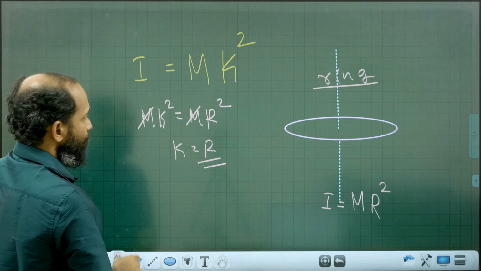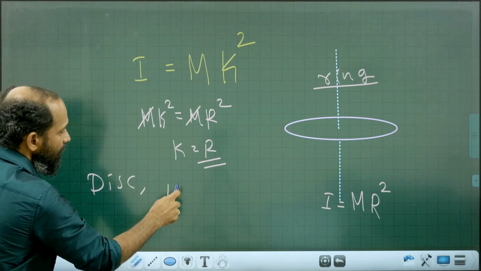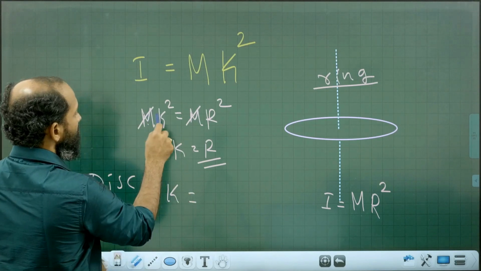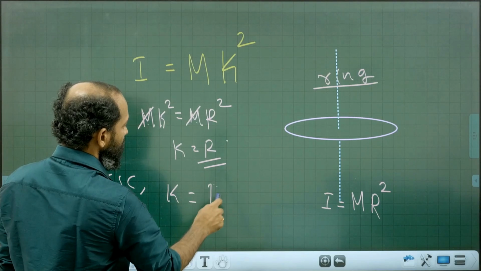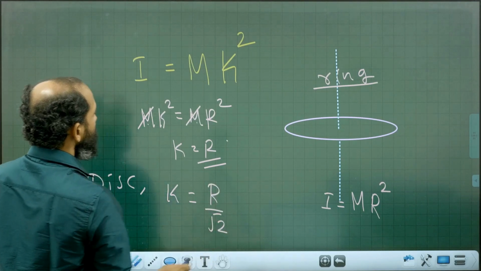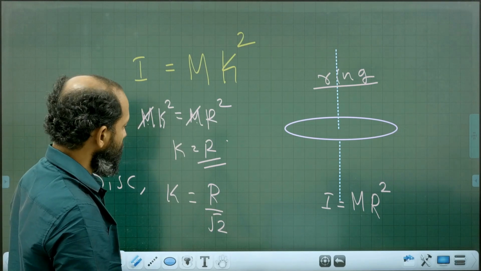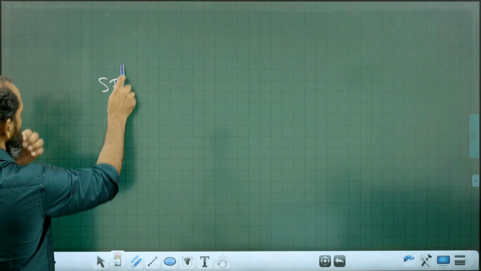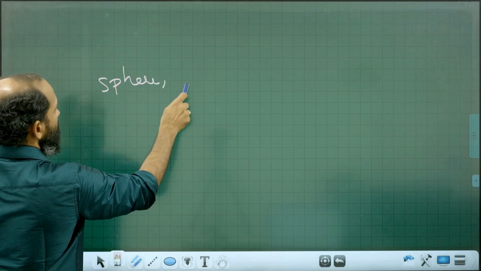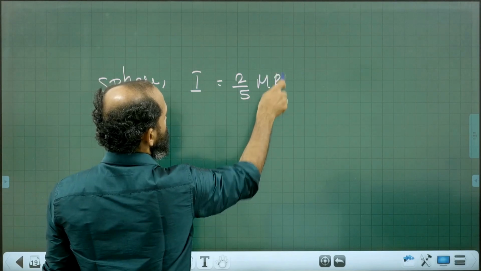Similarly, for a thin uniform disk for the same axis, radius of gyration would be m k square equal to m r square by 2. That is k equal to r by root 2. For a solid sphere, what is the moment of inertia? I equal to 2 by 5 m r square.